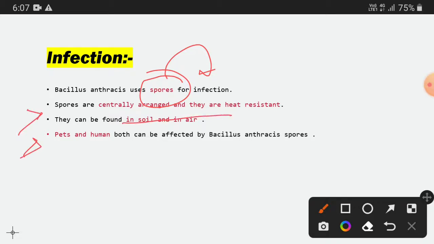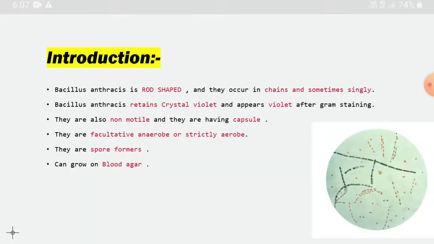That means it is clear that one portal of entry will obviously be the respiratory tract, because the spores are present in the air, right? Both pets and humans can be infected by Bacillus anthracis. Among pets, mostly cattle, sheep, and goats are infected. So that is the general information.